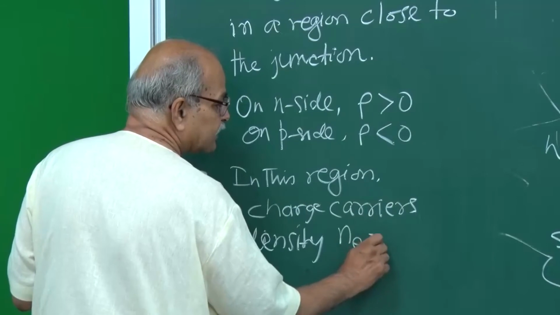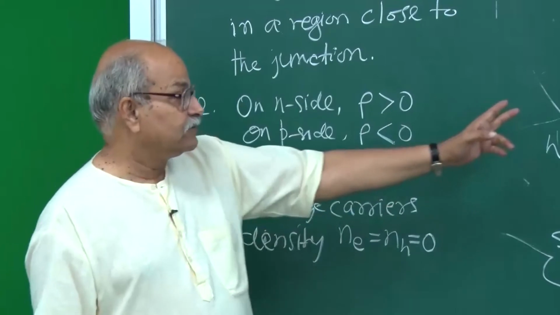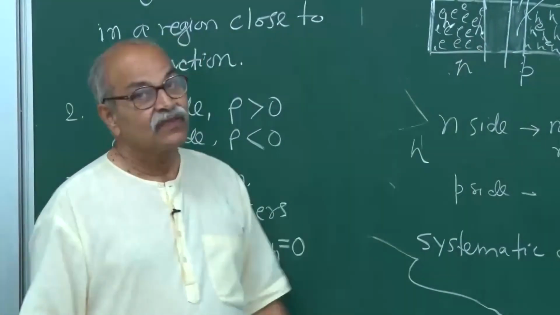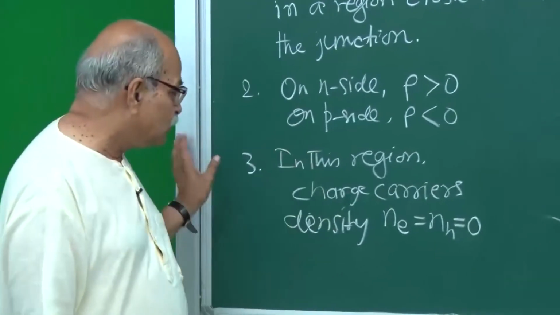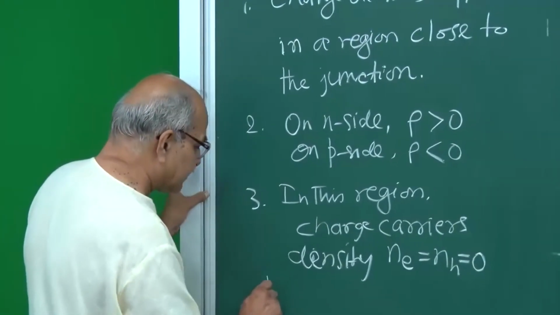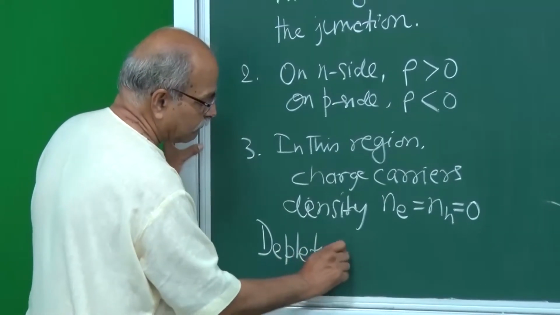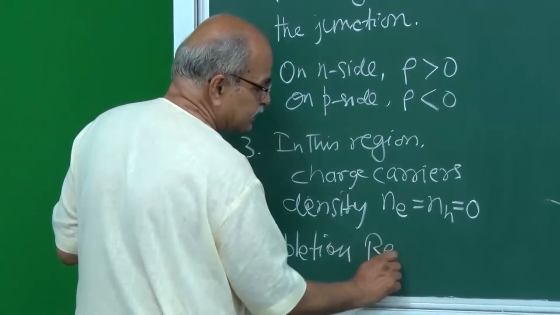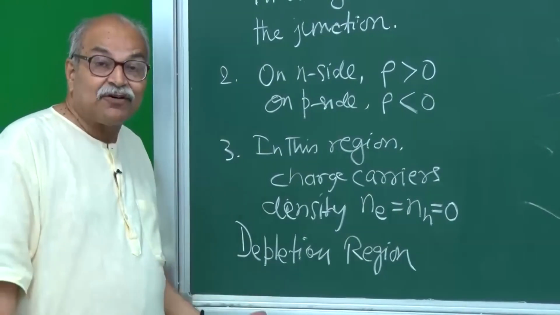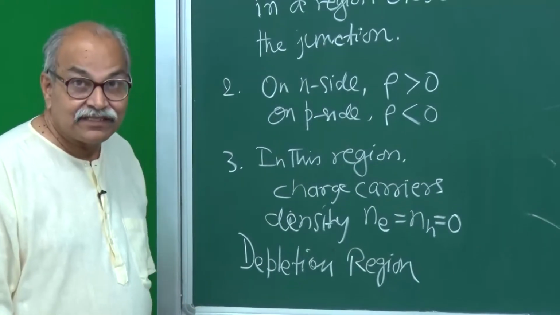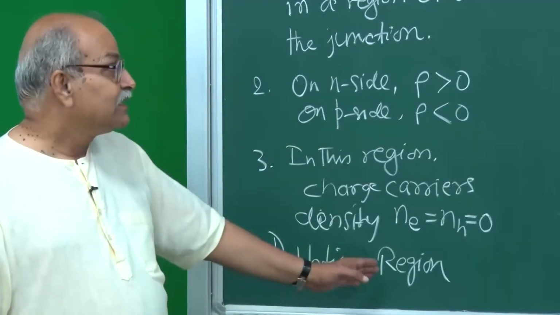Ne and Nh become 0 only in this region. Okay. So, this particular region is known as the depletion region. This is called the depletion region. This is the region which is depleted of charge carriers. It does not have charge carriers. That is why it is known as the depletion region.